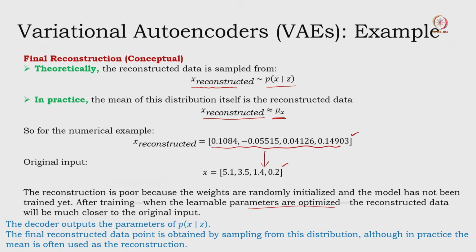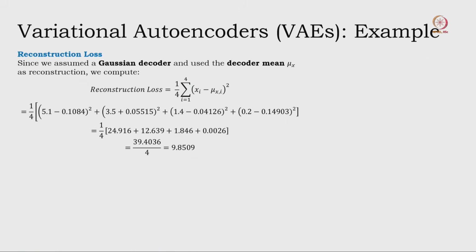Yes. So the next step is calculating the loss. How will you calculate the loss? Because you have to back propagate, right? Because it is continuous data, the loss we are taking here is the mean square error loss. From theory we have seen that the loss is calculated between the original input and the mean value.